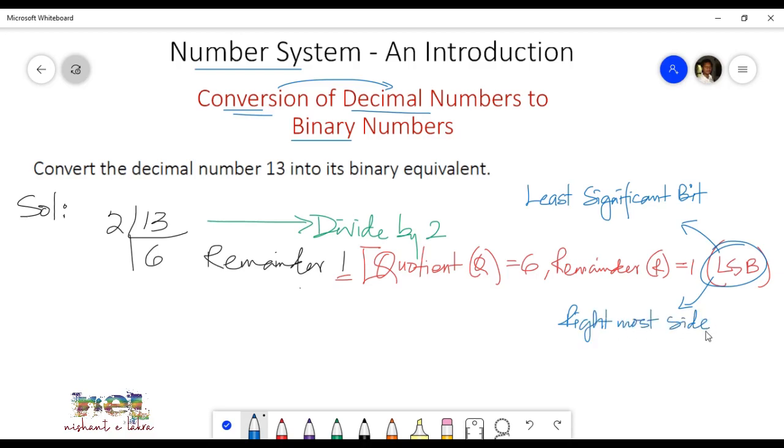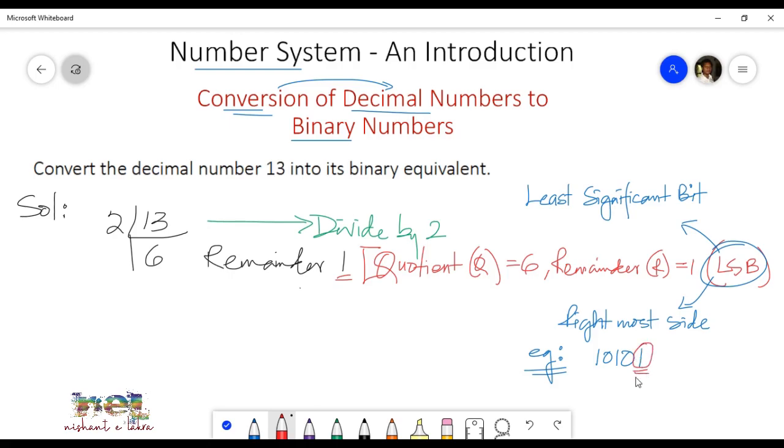And when we arrange these binary digits, that is 1 and 0, this LSB should be on the right hand side, should be the rightmost side. Okay, the rightmost side. For example, let's say the binary number is 10101. So which is the rightmost side?